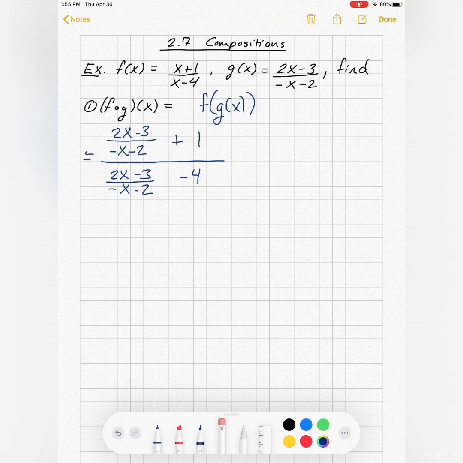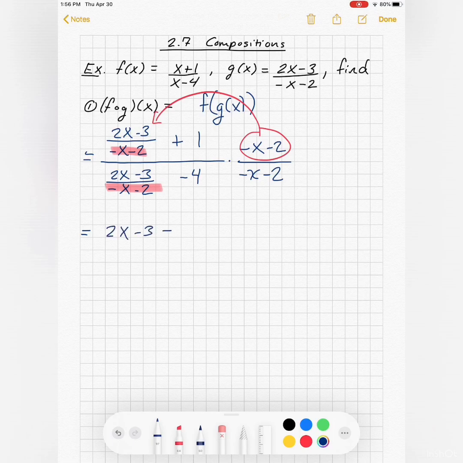So I'm going to use that trick where I multiply by that denominator, by that LCD. So I'm going to multiply by that top and bottom. Okay, so there, the denominator cancels. That's why this trick works, right?